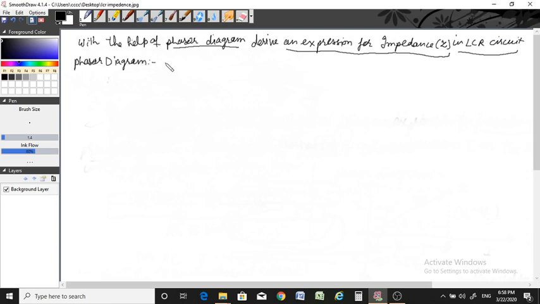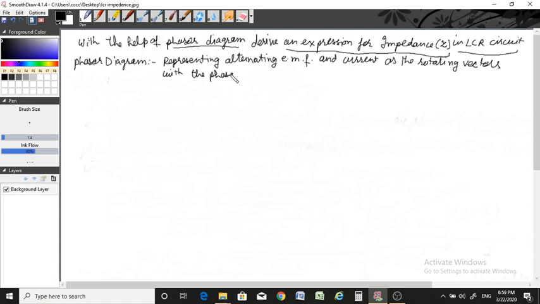A phasor diagram is a diagram representing alternating EMF, alternating electromotive force and current as rotating vectors, with the phase angles between them.